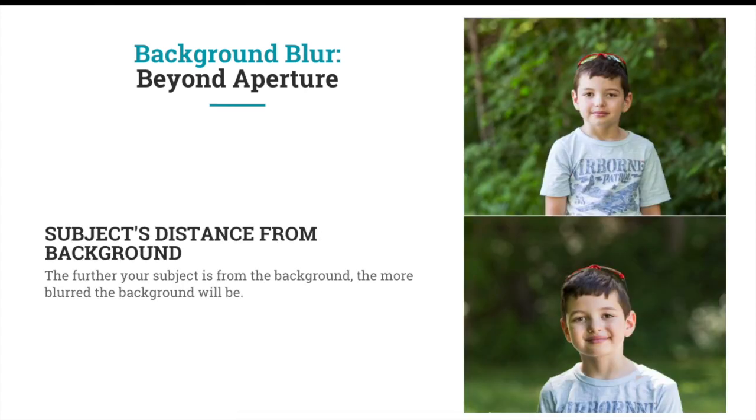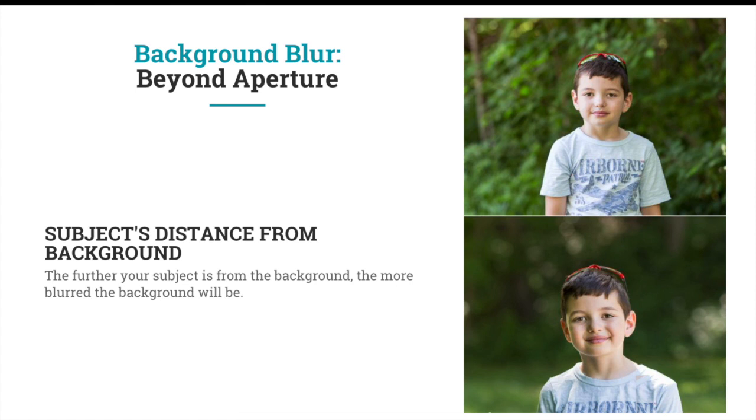Let's talk about your subject's distance from the background. So here, the further away that your subject is from the background, whatever it is that's behind them, the more blurred out that background will be. So here you can see that the boy was, in the top image, relatively close to the greenery and the foliage behind him. So I took that photo there, and then we just took several giant steps.